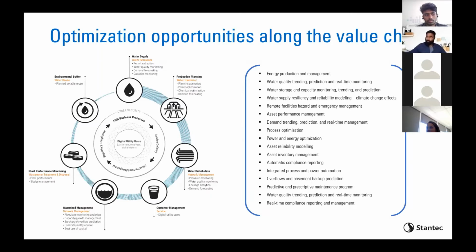So on the right, what you see is a whole bunch of use case applications. What I mean by that is, you want to focus on asset performance management. We have an application for AI moving from time-based maintenance to becoming more predictive and prescriptive maintenance.